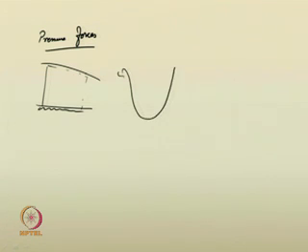So, again I am just drawing the thing for your benefit. You consider any cross section. If this cross section area is given as A, and the depth of flow is given as y, and suppose this is the centroid of the area.